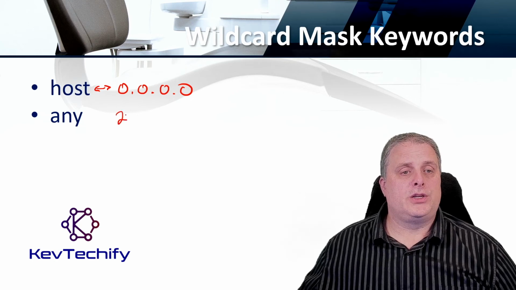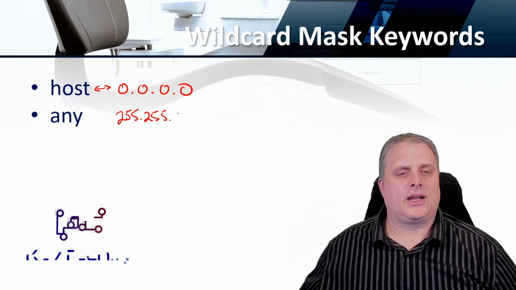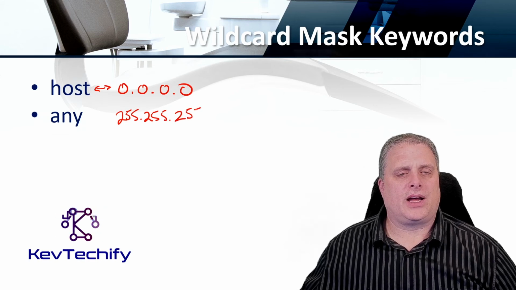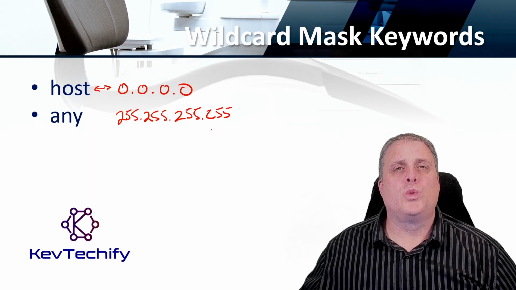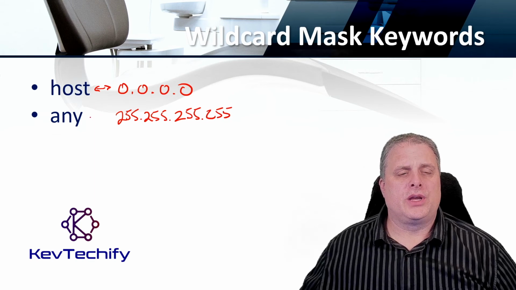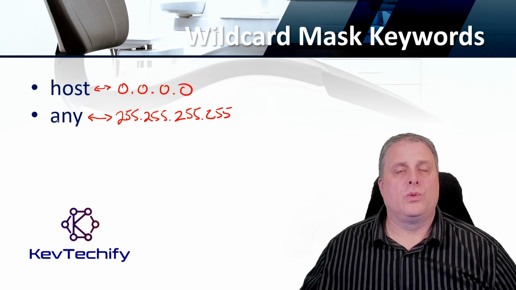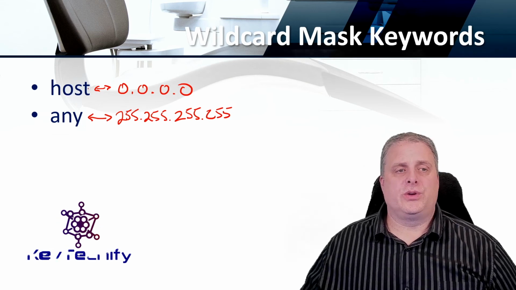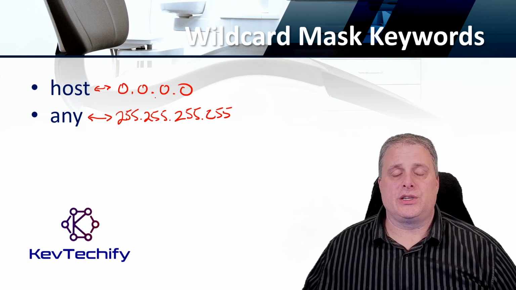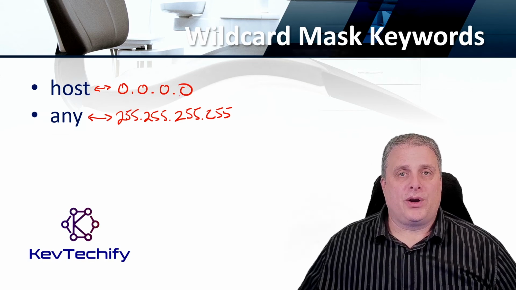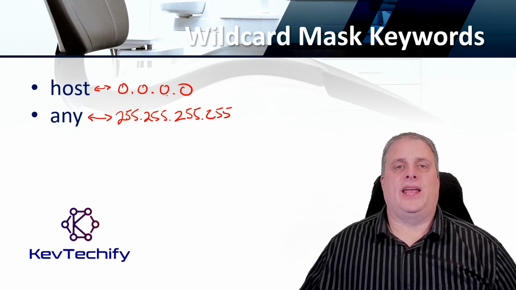That comes out to be 255.255.255.255. 32 ones altogether. You can interchange the quad 255s with the keyword of any. So you can substitute these 2 words in these particular situations, and the operating system on your router will understand what you are doing.